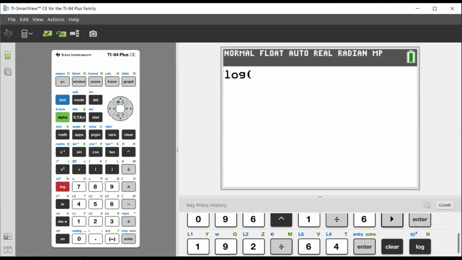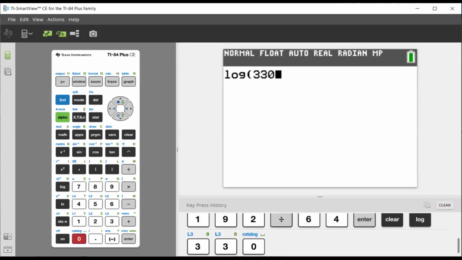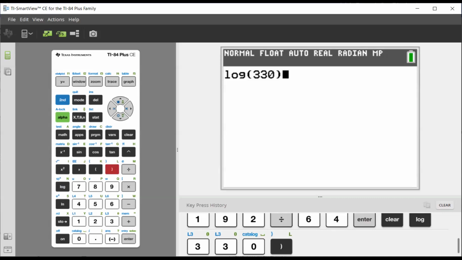It starts with a left parenthesis. That means you need to enter the argument in the parenthesis, which is 330. And you need to close the parenthesis to make it complete. And then enter. So that's the value. And then you properly round it. I believe you know how to round a number.